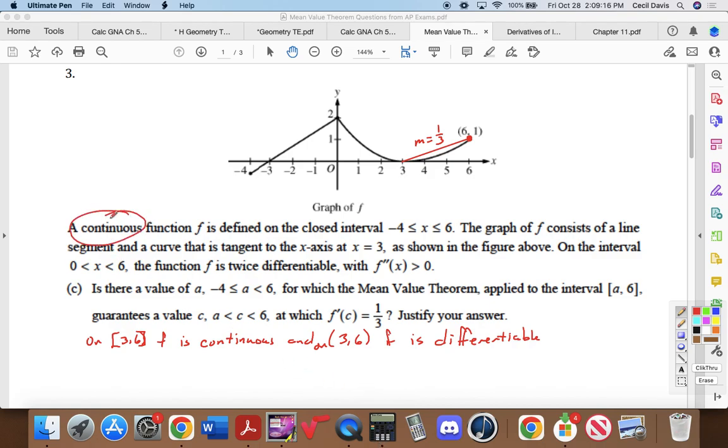It told me that it was a continuous function, and it told me that the function was twice differentiable, which means its first derivative exists and its second derivative exists. So first, we need to make sure that the conditions apply on this interval. Yep.